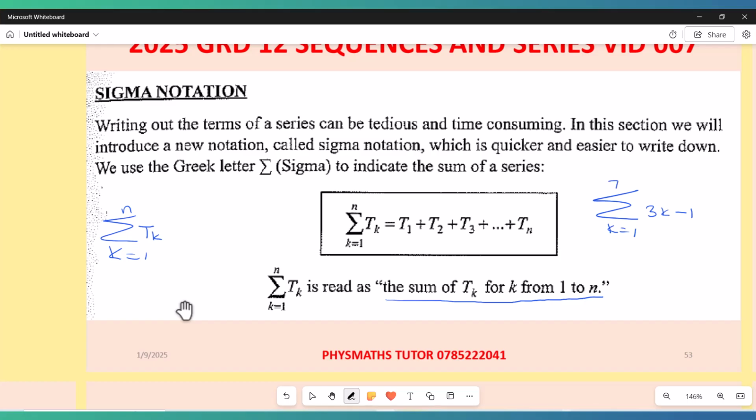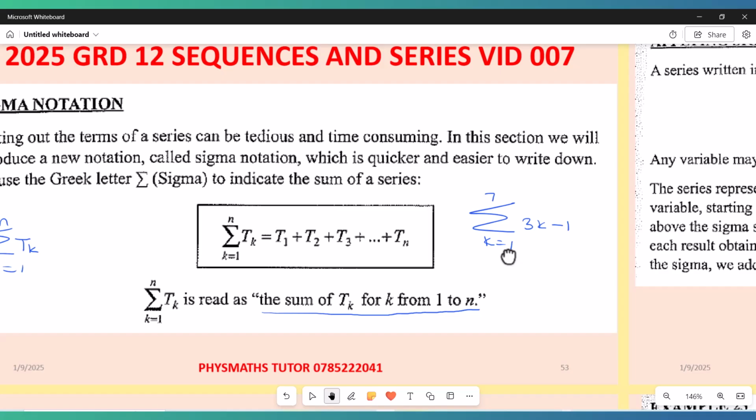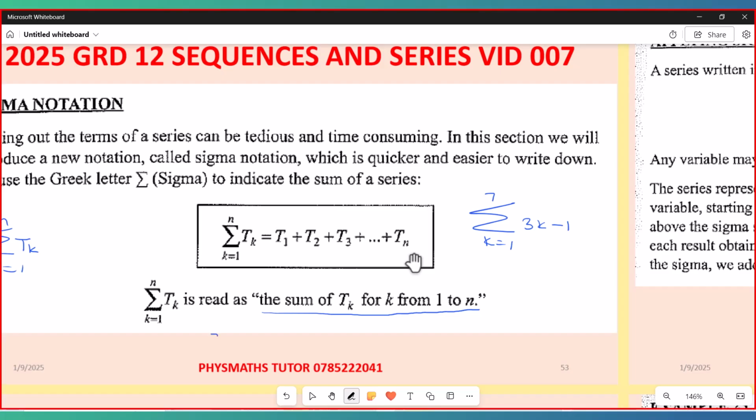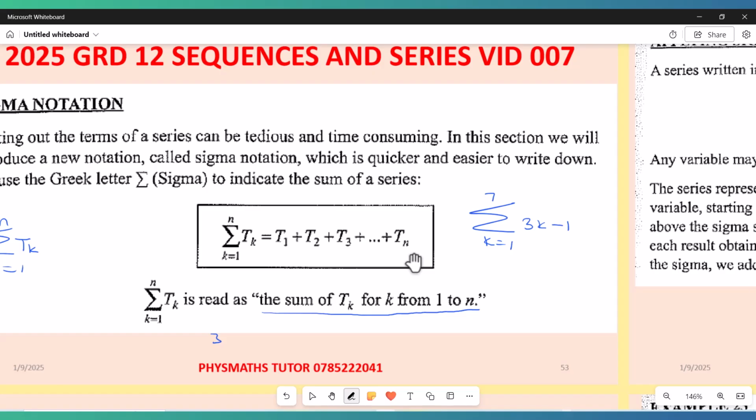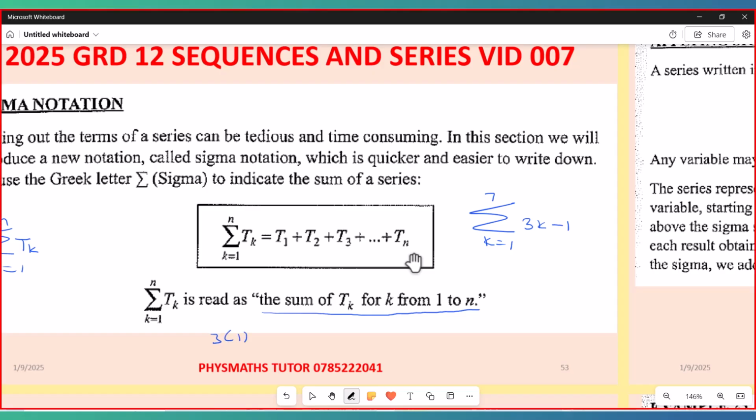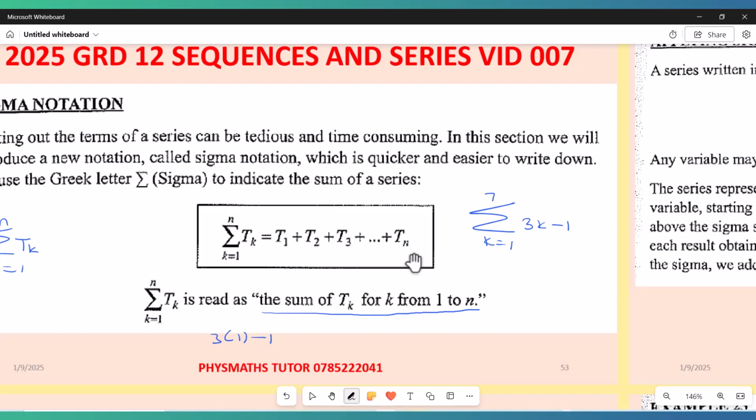Now what we do here, we start with K equals 1. If we proceed, we're going to say 3 times K, where our K is 1, starting from 1, then minus 1.